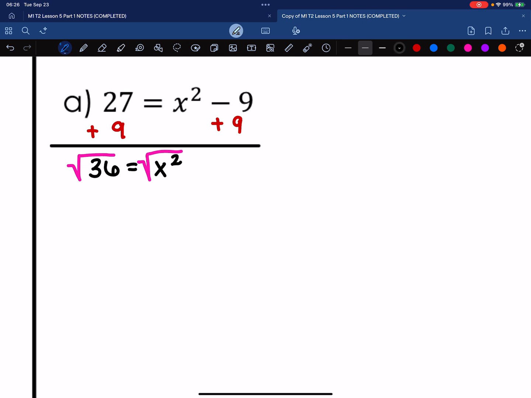Now, when you square root both sides, most people would just say x is equal to 6. But you're missing a value. Anytime you're solving an equation and you're taking the square root, you have to remember plus or minus 6. So what this means is that you actually have two values, x equals 6 and x equals negative 6.